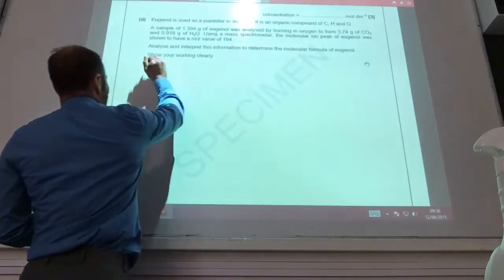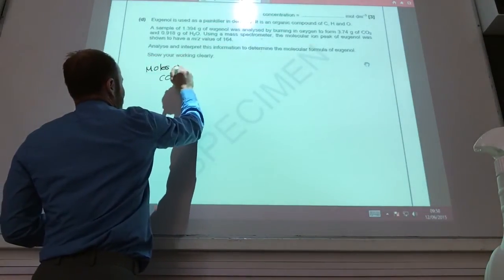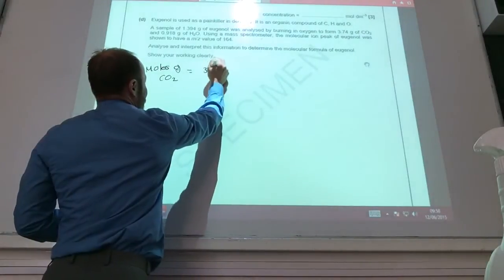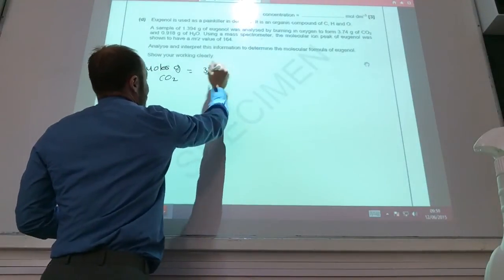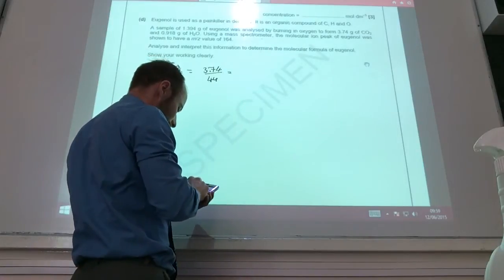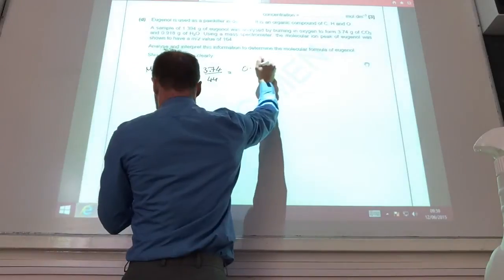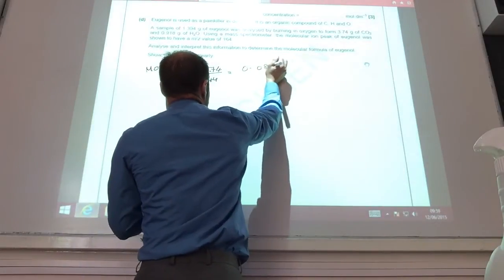So, I'm going to work out my moles of CO2. That is going to be 3.74 divided by the molar mass of carbon dioxide, which is 44, and that gives me 0.085.